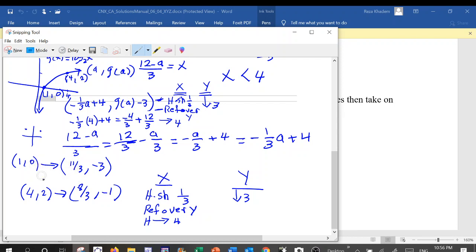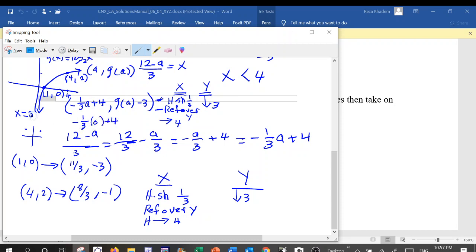So if you graph these 2 points, we also know where x equal to 0 goes, which is the vertical asymptote. Well, x equal to 0, again, we have to put negative 1/3 times 0 plus 4.